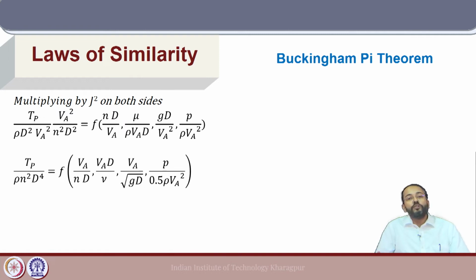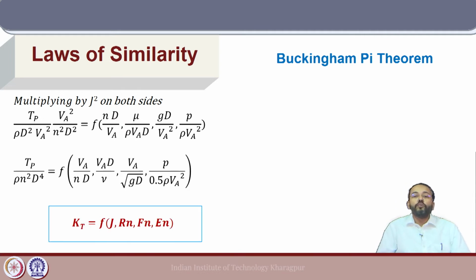Va by root gd, d is again characteristic length if we consider for the Froude number, then Va by root gd will be the Froude number, and P by half rho V square is the Euler number related to the pressure. So, finally, we can write the propeller thrust coefficient as a function of these non-dimensional numbers, the advance coefficient, Reynolds number, Froude number and Euler number.